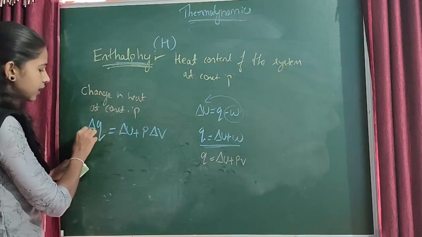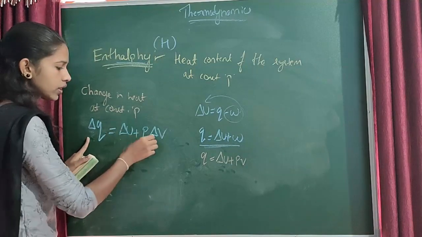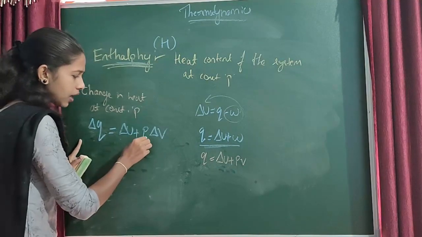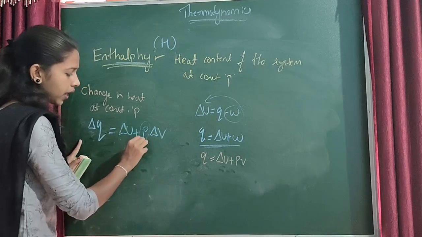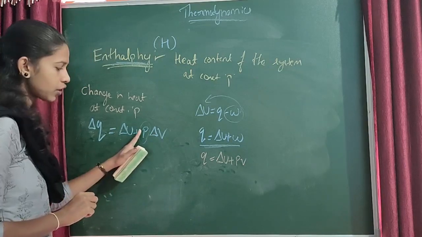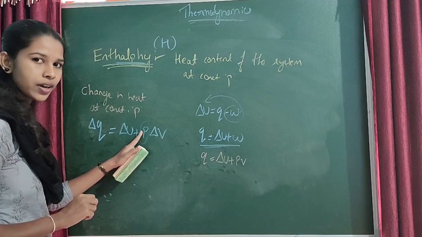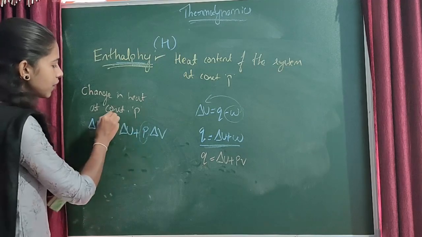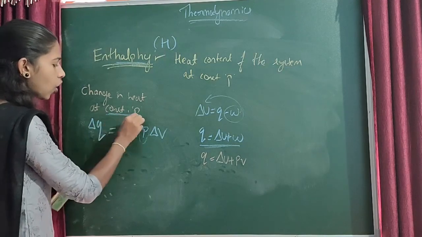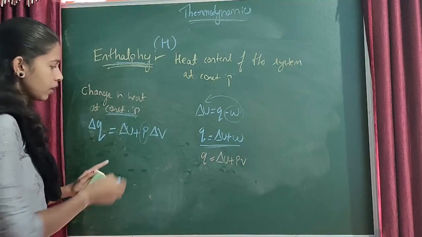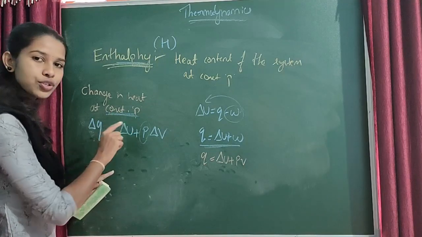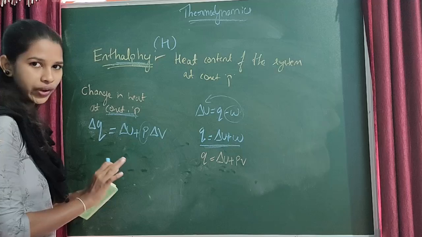I have put delta in front of all the terms, but before P I didn't put delta. Why? That's because we clearly mentioned here at constant pressure. Constant pressure means pressure should be fixed. It should not vary.